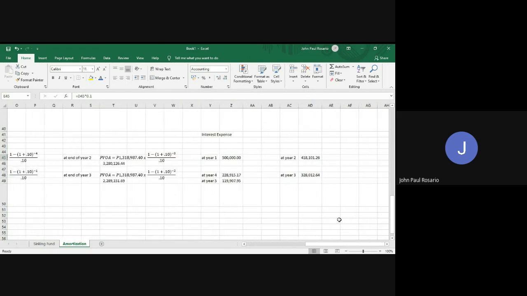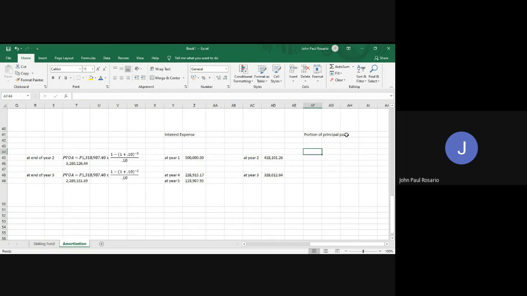Now, what if the question is portion of interest, portion of principal paid. Okay, so for portion of principal paid, at year one, simple.